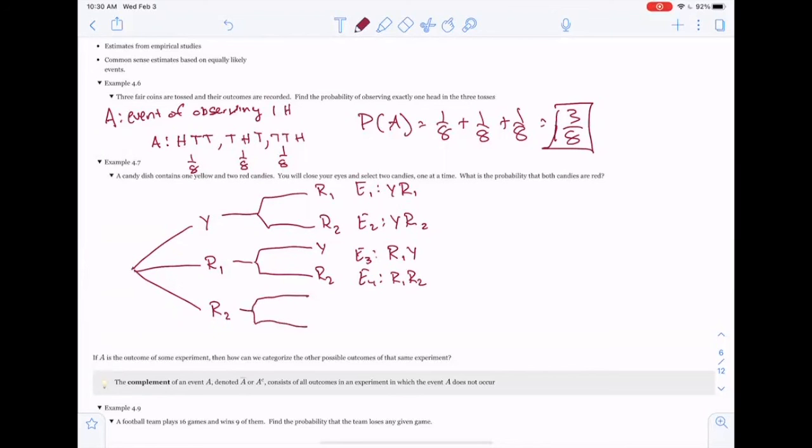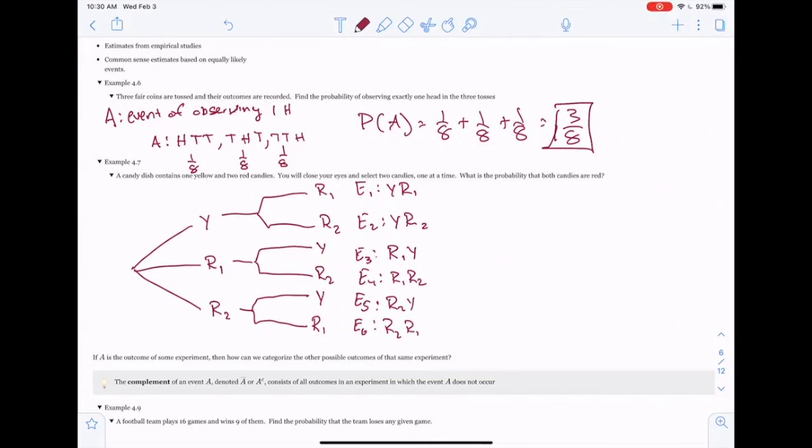Likewise, if we select the second red candy, we can either select yellow or the first red candy, getting the new simple events of red 2, yellow, red 2, red 1.